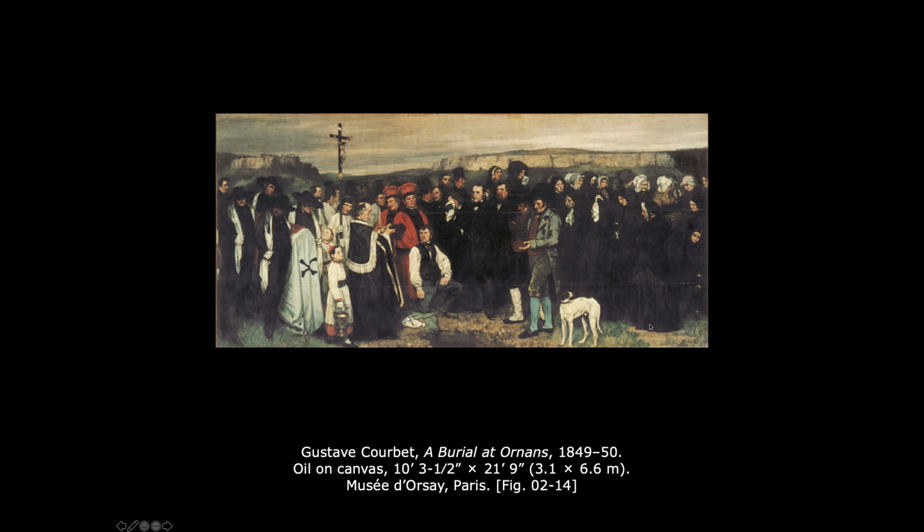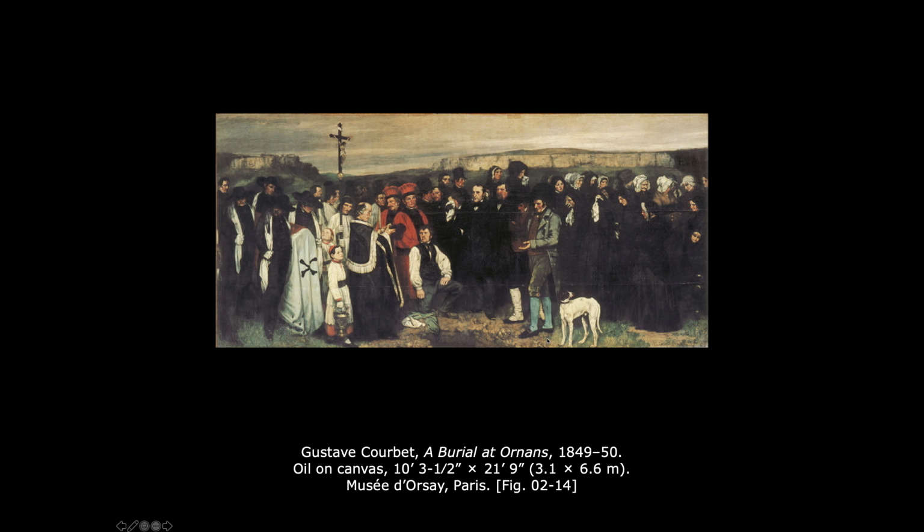Here you can see all the women who are mourning on this side. This would have been according to the traditions of the village. The men would have been on one side, the women on the other side. And he even has this dog, and usually in a painting in the academy, the dog is going to stand for something like a rich person owns this kind of exotic dog. That's not at all what this is.